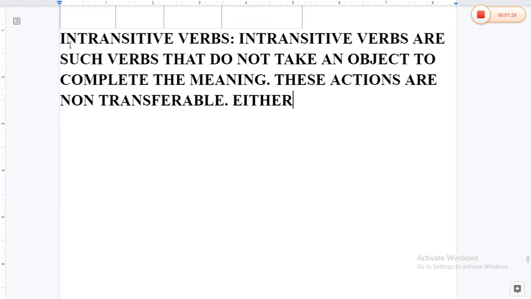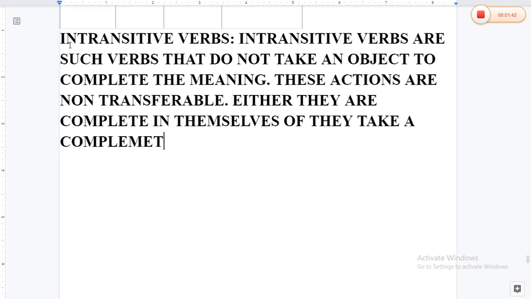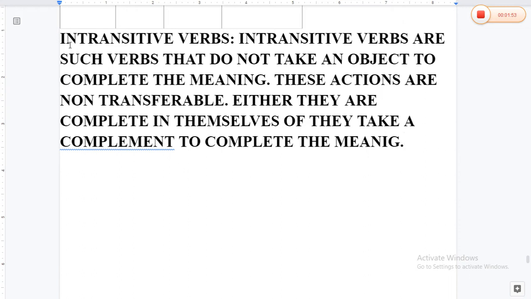Either they are complete in themselves, or they take a complement to complete the meaning.